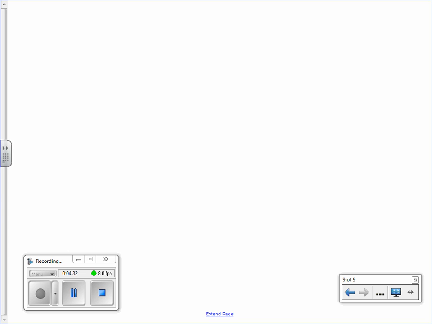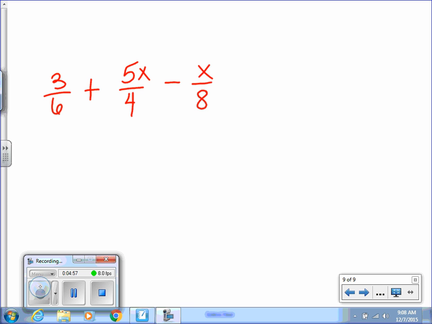Alright, so we've already talked about common denominators. Try this one. Some of you are going to think this one's hideous. Alright. Try that one. What's your common denominator you're working with here? 24.